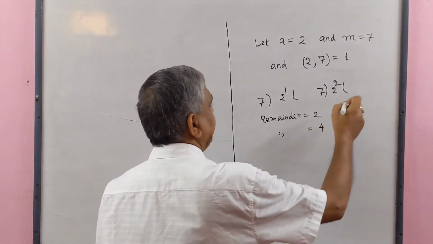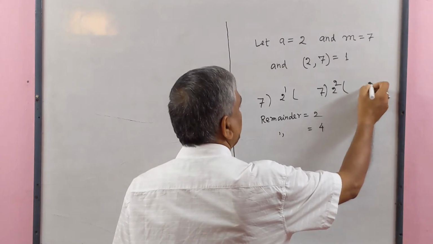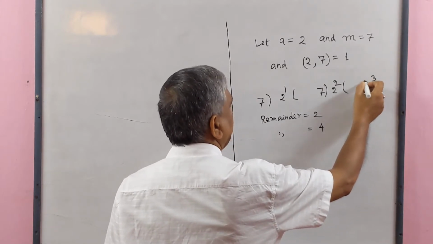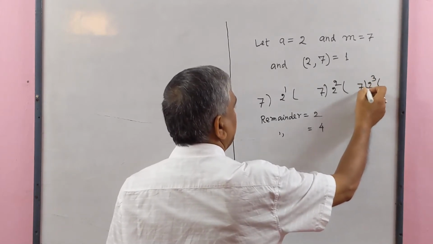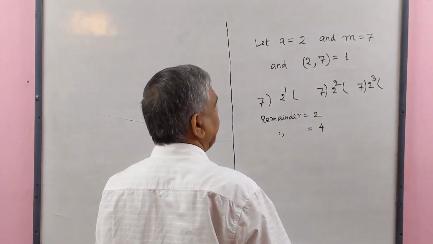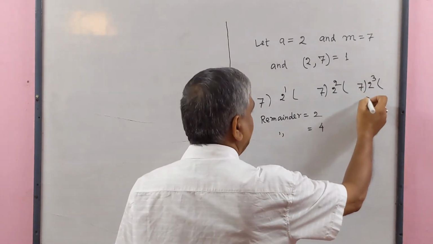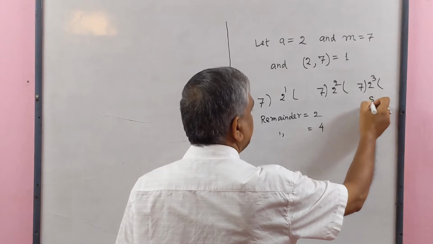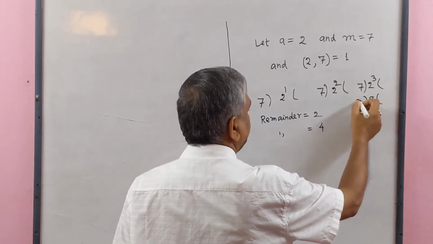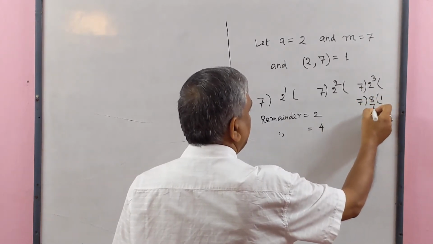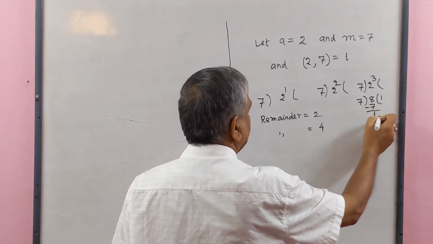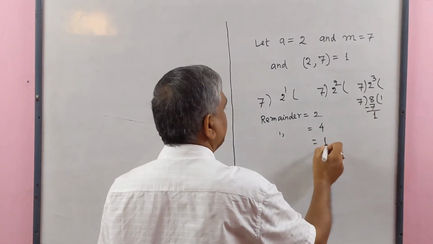If we divide 2 cube, means 8, by 7, we get remainder 1.